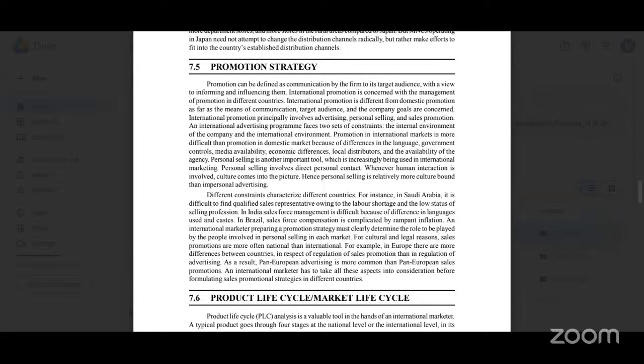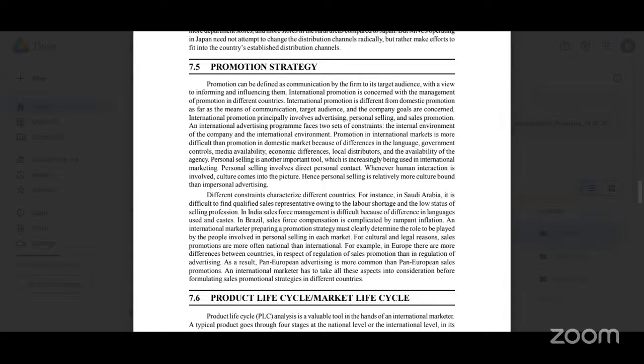And it is different from domestic promotion because of the means of communication, target audience, and the company goals that are concerned. For example, if I were to cover only local markets, say in Hyderabad, I may have multiple options. I may use billboards or hoardings.